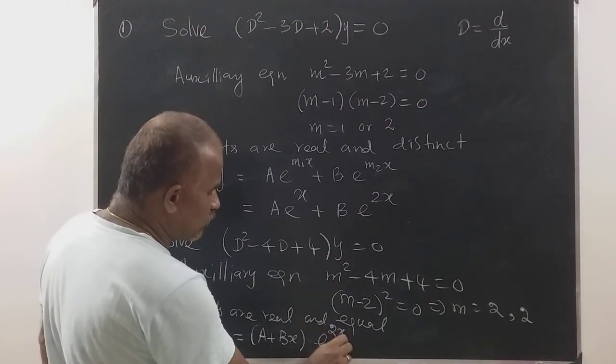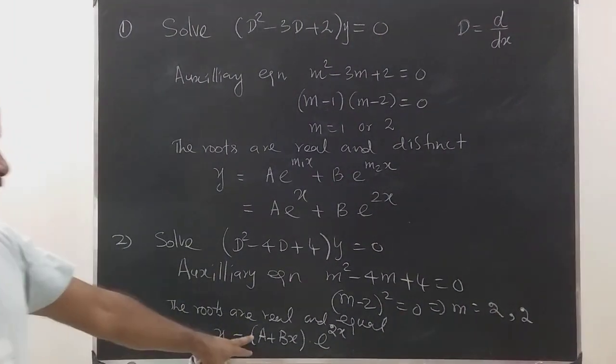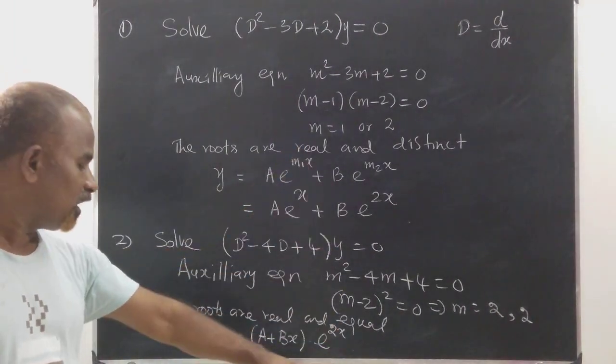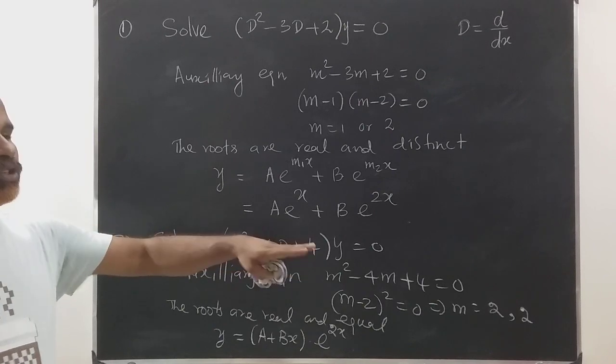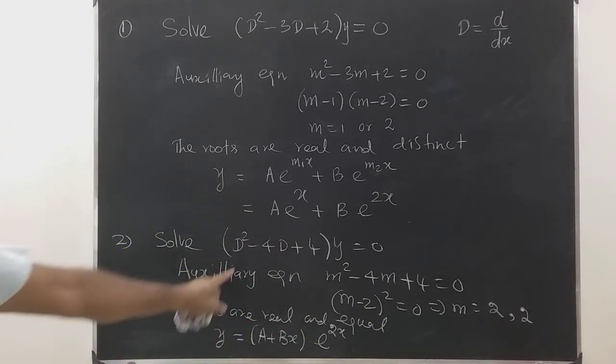The constants you may take as c1, c2 or a, b, whatever. Here e power mx is e power 2x. This is the solution of this particular differential equation with constant coefficients.